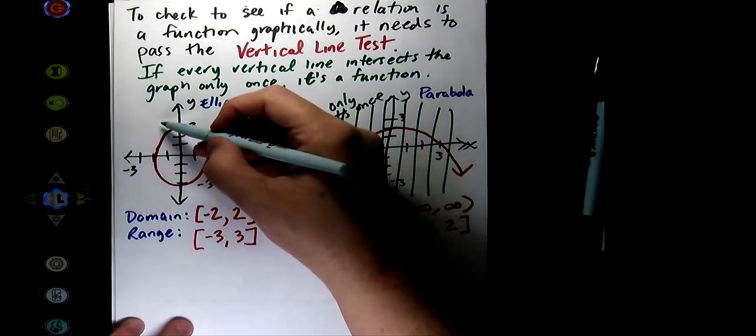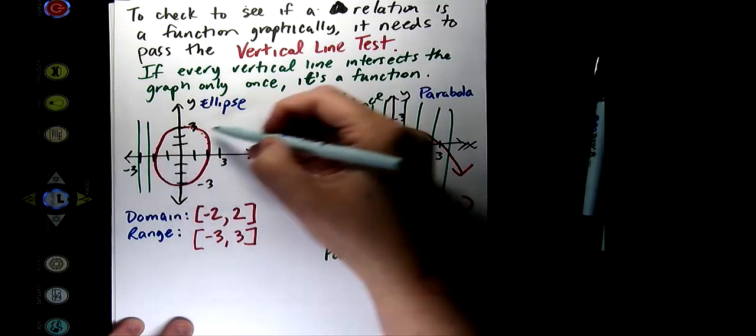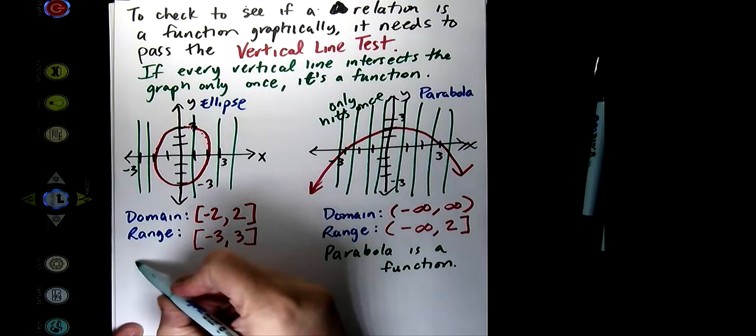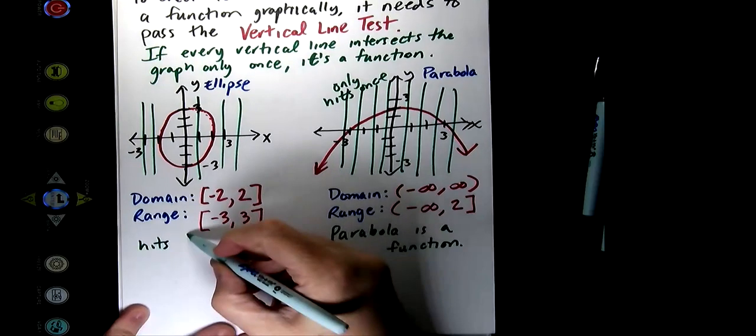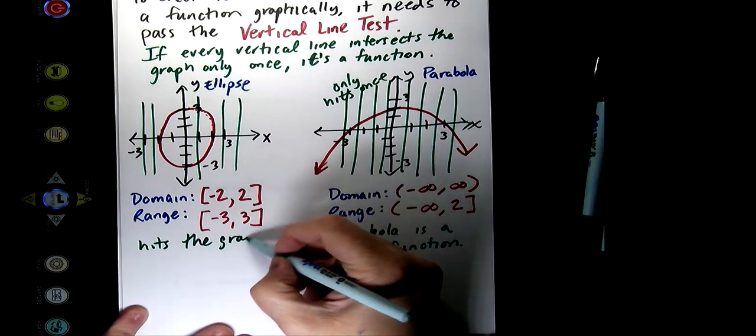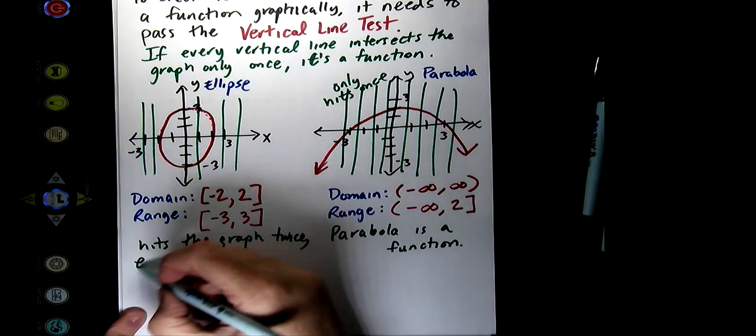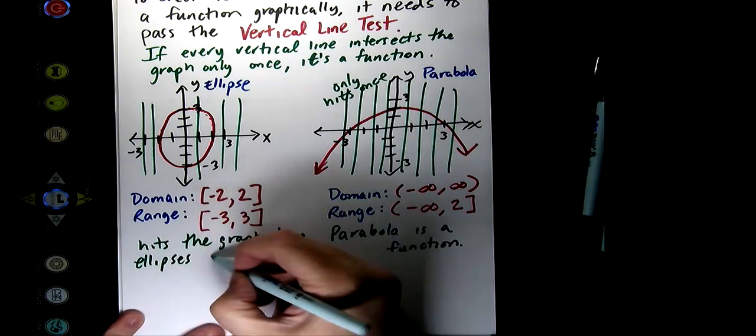I do the same here. I'm fine outside of it, but as soon as I get on the graph, it hits the graph twice within. So ellipses are not functions.